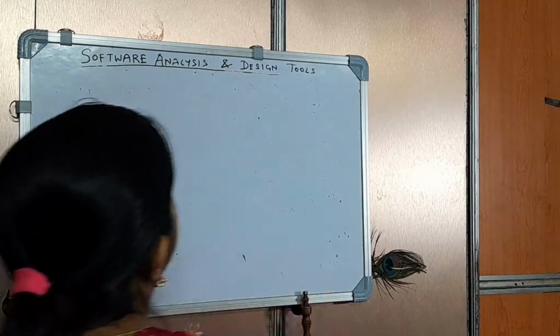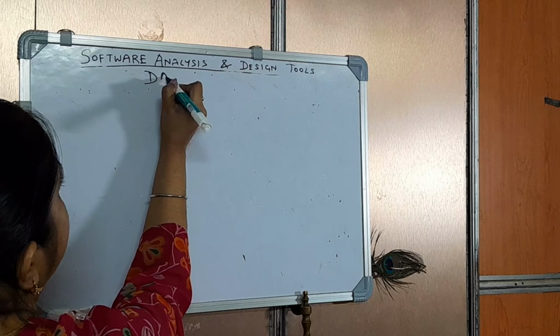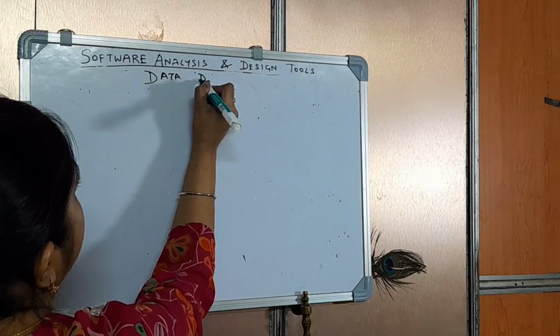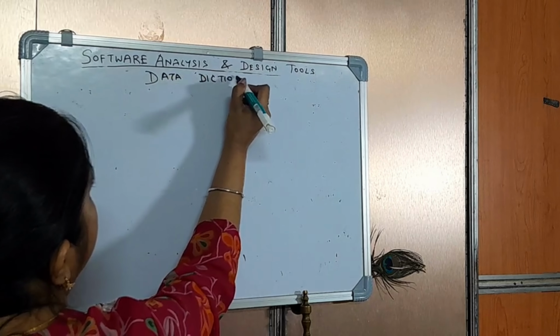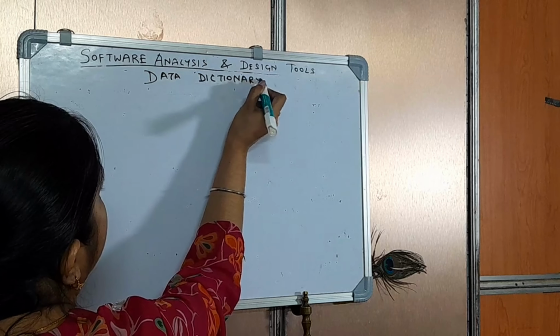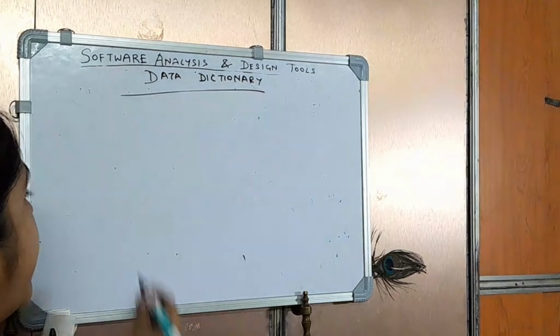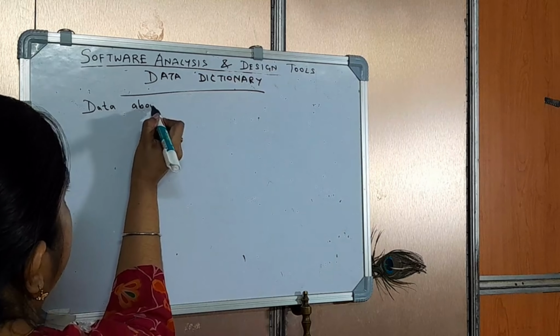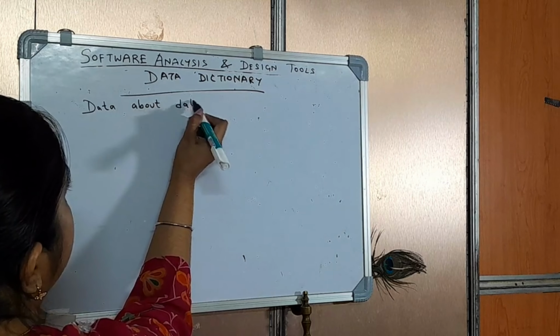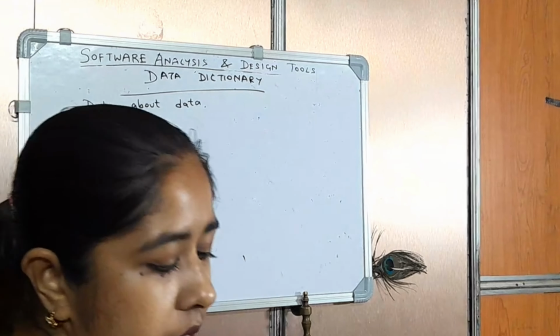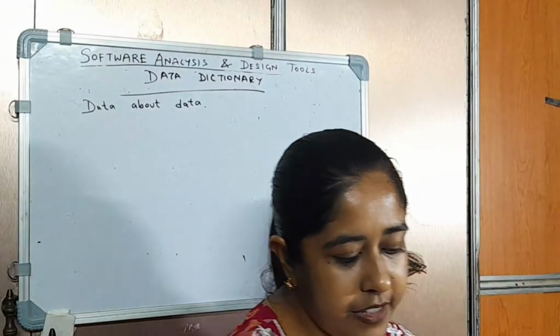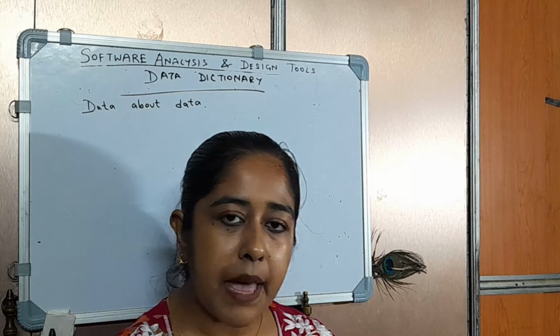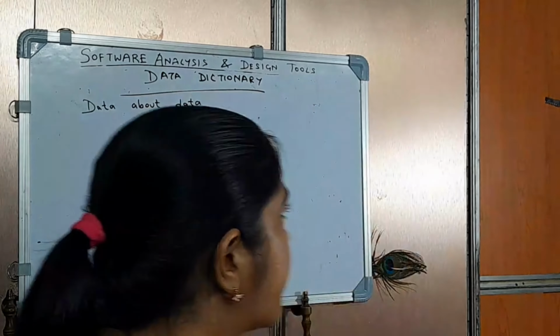So let's see the data dictionary. Basically, data about data is given and stored here. Here we list all the items that appear in your DFD. What items?